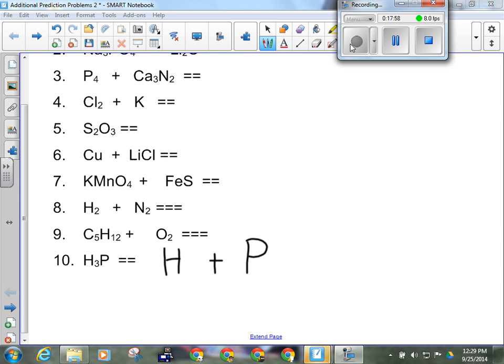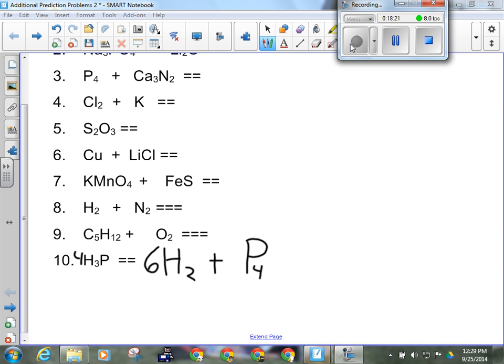Yeah, both of them are. Hydrogen comes as a 2, and phosphorus comes as a 4. Which one should I balance first? Phosphorus, because it's present in the largest number. So P4. What do I need to put in front of this? A 4. How many hydrogen does that give me? 12. What times 2 will give me 12? 6. So now that one's balanced and done.